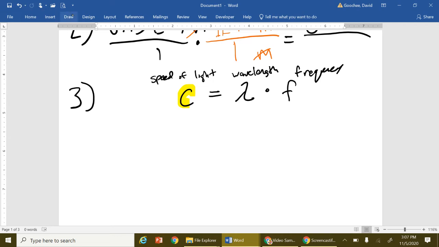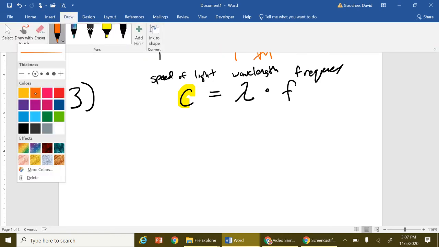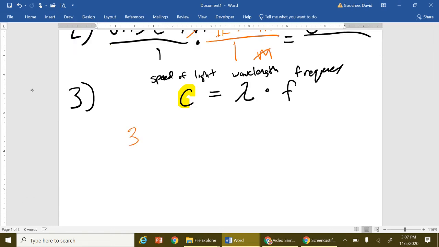It's always going to be equal to 3.00 times 10 to the 8th meters per second, roughly 660 million miles per hour, I believe.